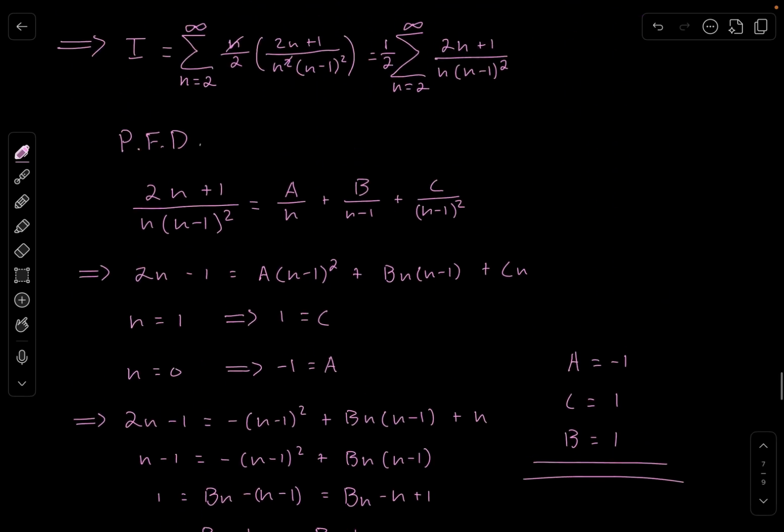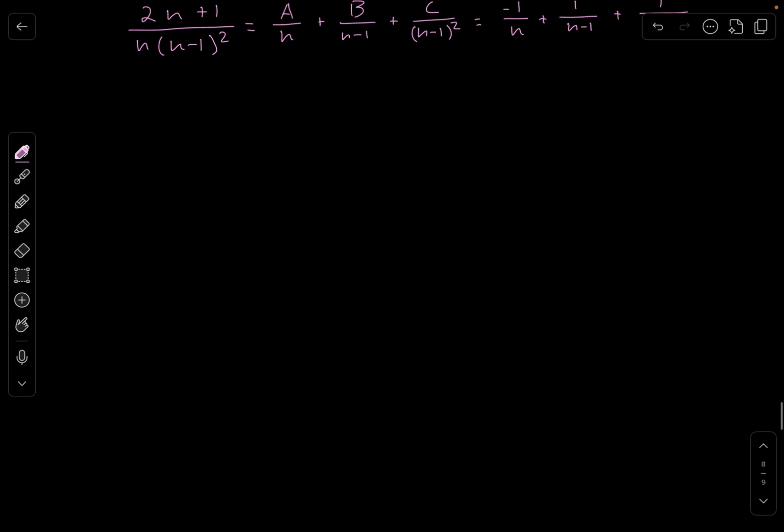And then obviously we can plug that back into our integral, or our sum. So I'm gonna change colors.